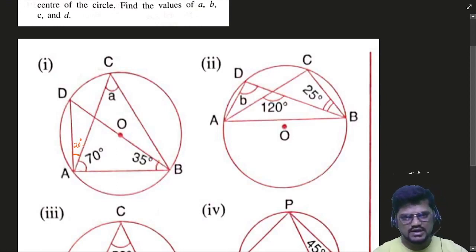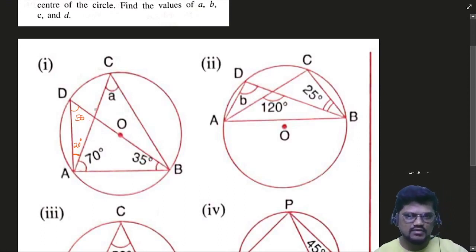Now, if this is 35 and this whole is 90, so in triangle ABD, by using the sum of interior angles of a triangle, this angle will be how much? See, 90 plus 35 is 125. So the remaining angle is 180 minus 125, so 55.